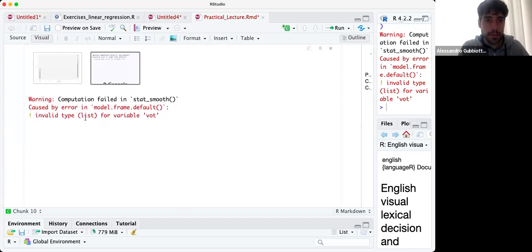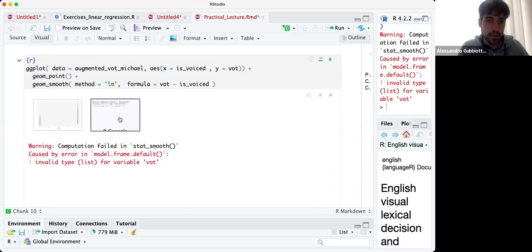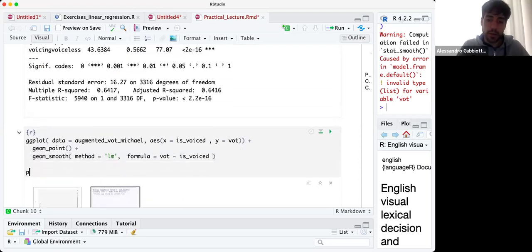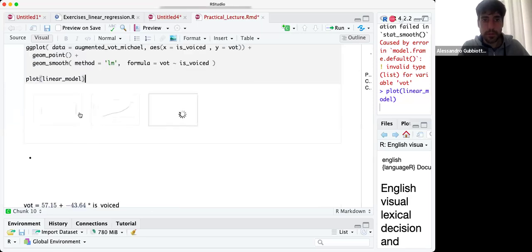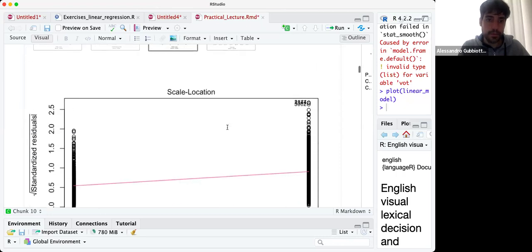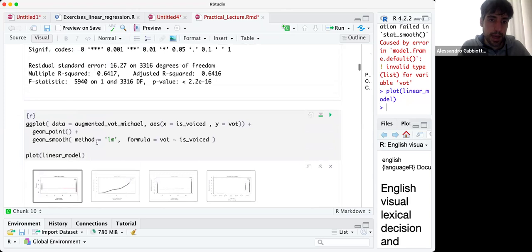Why? Valid type list for the variable. Well, okay, let's try to plot the linear model simply. Okay, no, this is too advanced. I simply wanted a plot with the line.